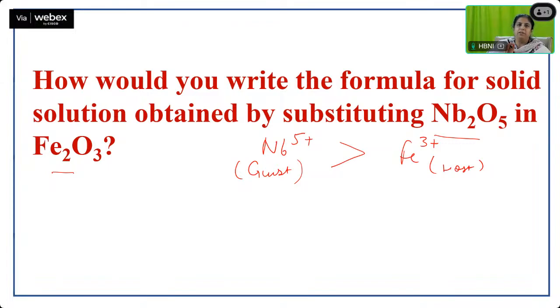I generally teach students that you try to equate the charges. So when I try to equate the charges, obviously 3 Nb5 is equal to 5 Fe3, 3 times 5 is 15, 5 times 3 is 15, right? Now you write your cation vacant. How will you write?